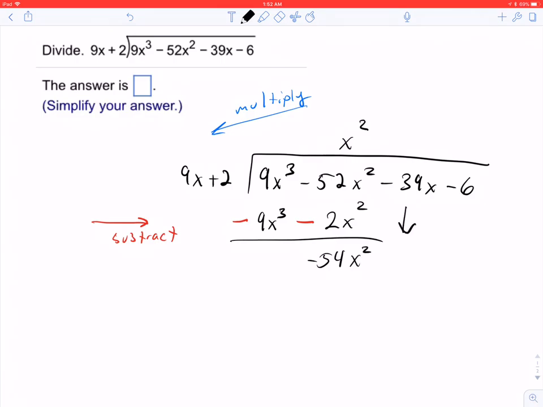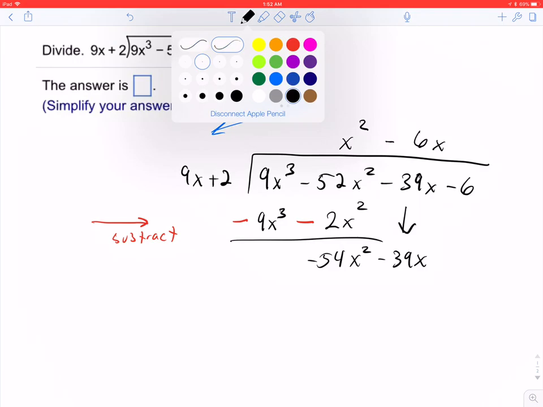Next, the 39 comes down, so we have negative 39x. Then we say the first term divided by the first term: negative 54 divided by 9 is negative 6x.